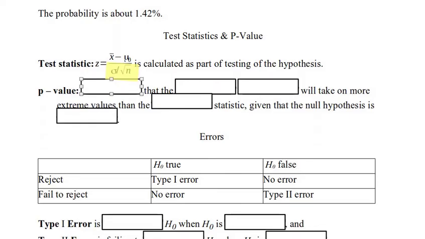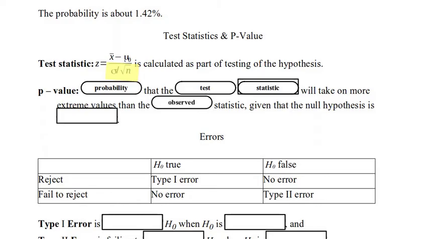The p-value is a probability that the test statistic will take on more extreme values than the observed statistic, given that the null hypothesis is true. So we're allowed to assume that the null hypothesis is true. That gives us a lot of information that the manufacturer or the government claims is true.